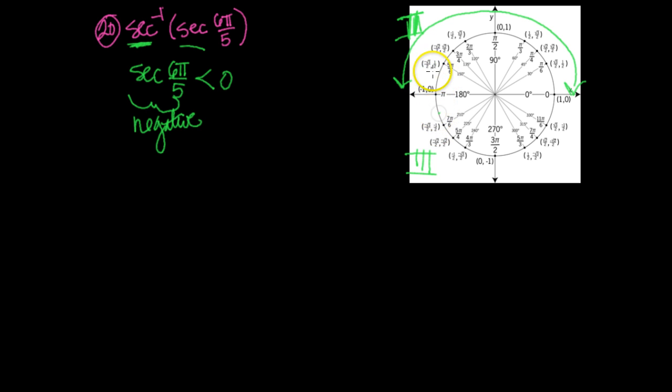So how would I get that? Here's basically 5 pi over 5, because that's equivalent to pi. So one more would be 6 pi over 5, somewhere between there. So then one back would be 4 pi over 5. So this answer would equal 4 pi over 5.